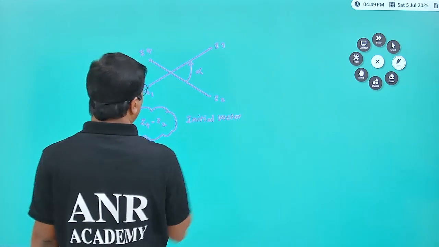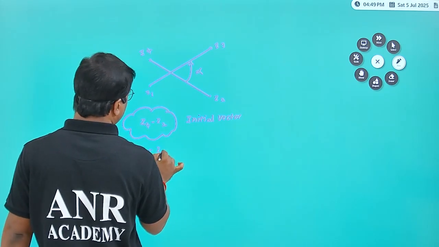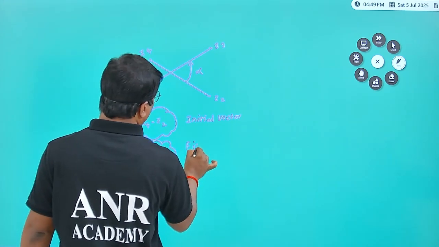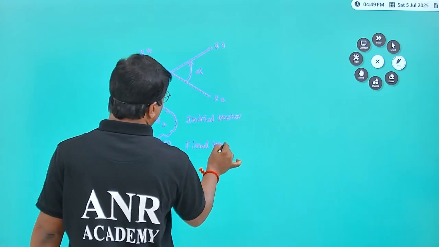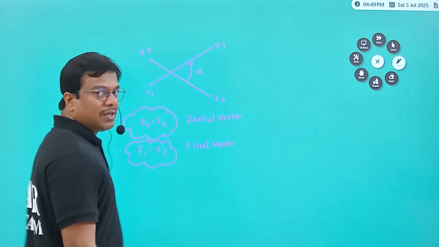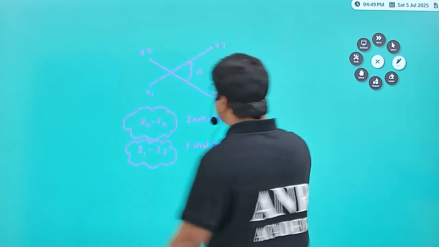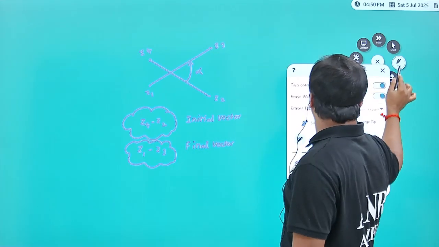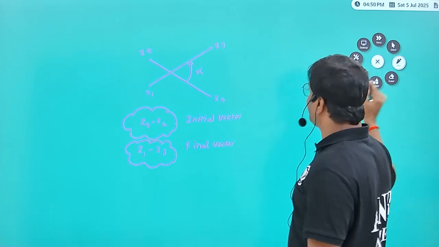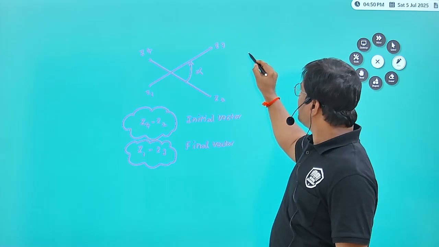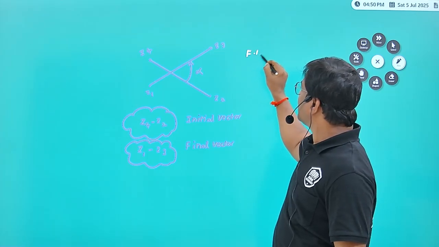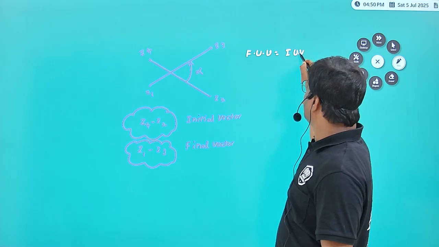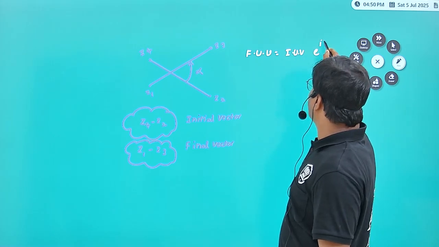and next Z1 minus Z3. After rotation it is the final vector. Since alpha is the angle of rotation, by CONI method I can write the result. First, final unit vector can be written as initial unit vector multiplied by e power I alpha.